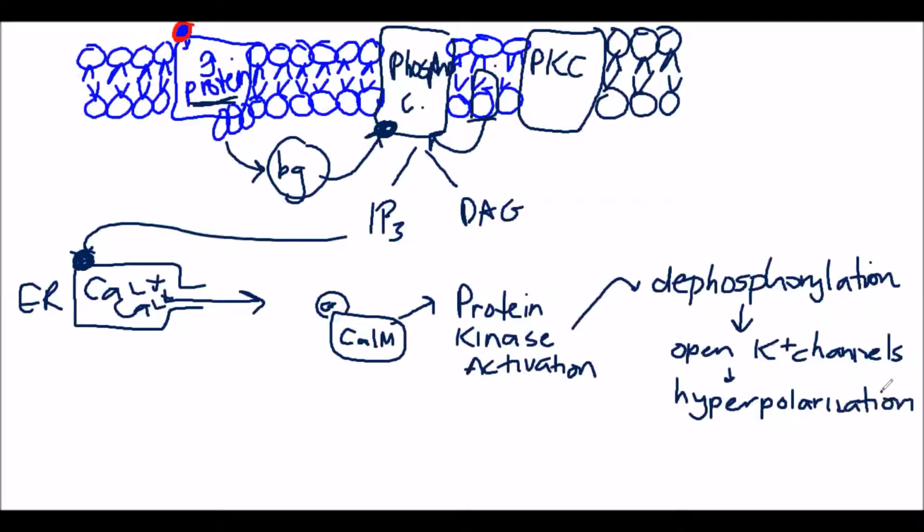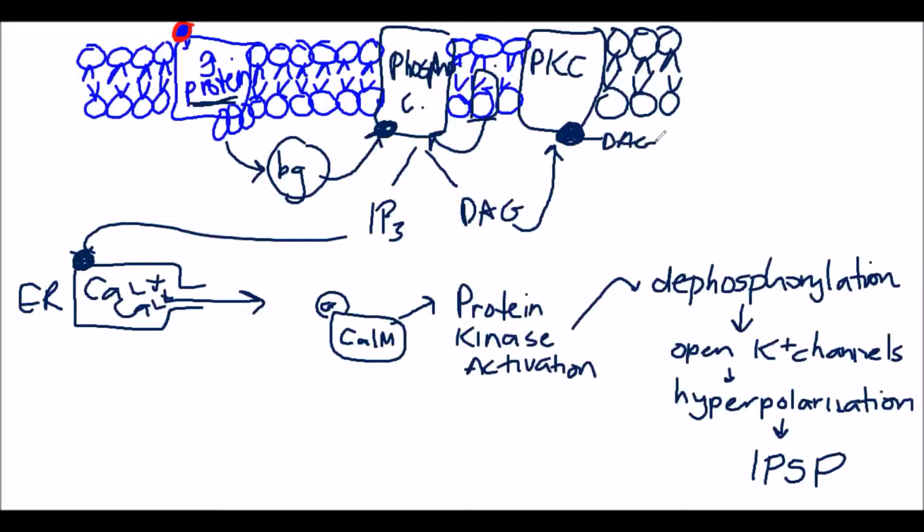And in turn, hyperpolarization normally causes an IPSP, right? An inhibitory postsynaptic potential. So now that I just walked through what IP3 does, I'm going to walk you through what DAG does. DAG is going to come over here and bind to PKC, or protein kinase C. So remember, this is DAG.